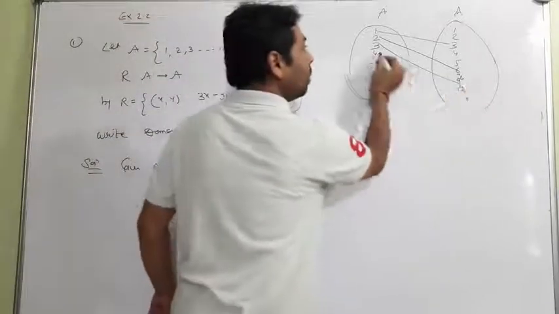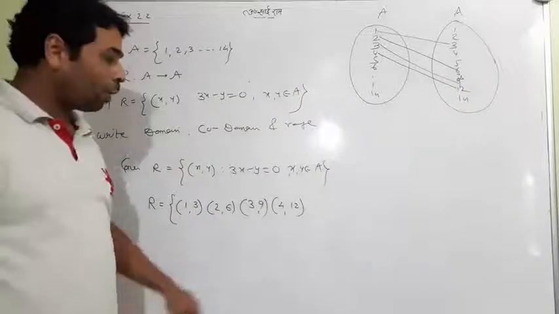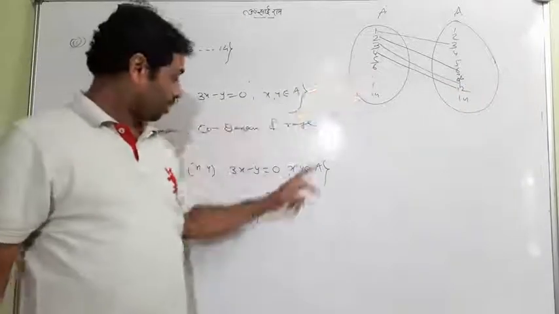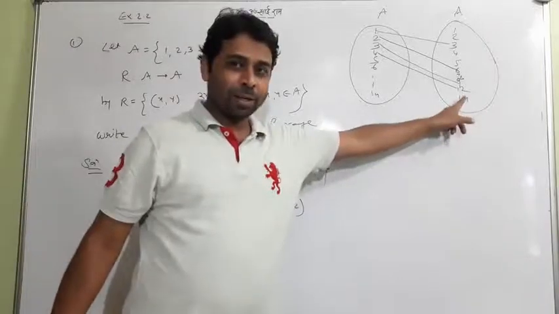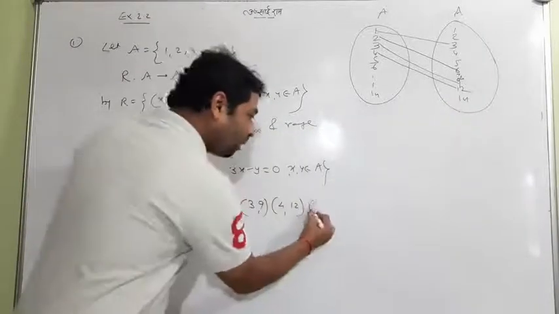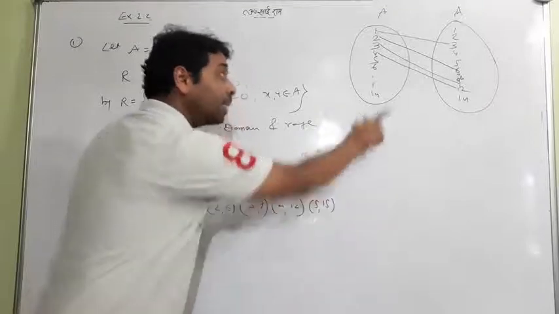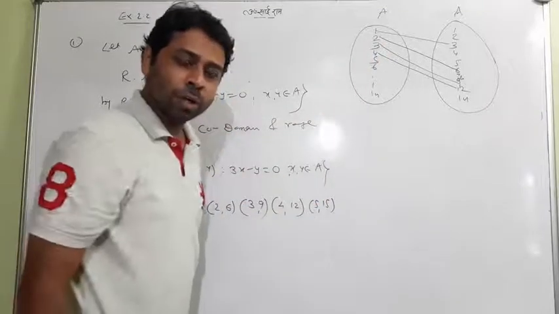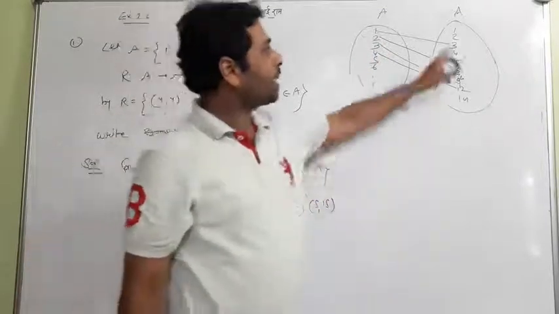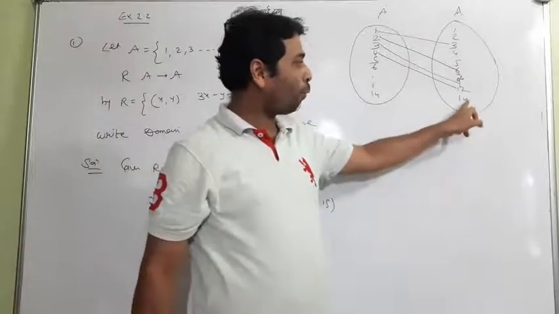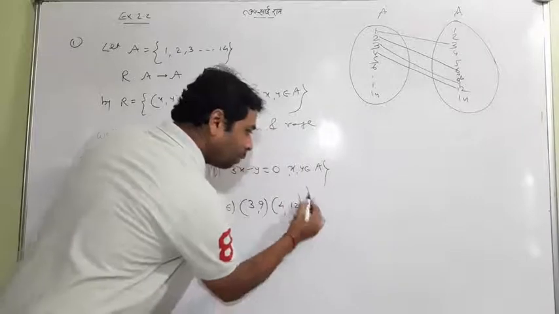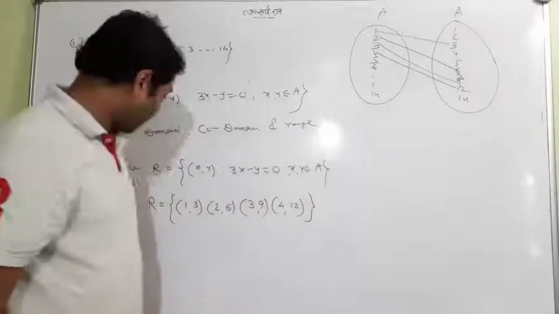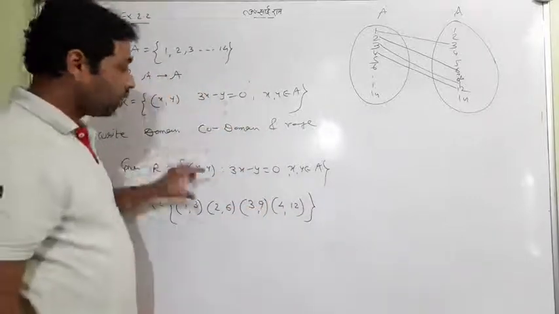But if I go to 5, 5 threes are 15, and 15 is not here. I cannot take 5 because 15 is coming and 15 is not in the second set, which is itself A with elements till 14. So we have to close here. This is your roster form.